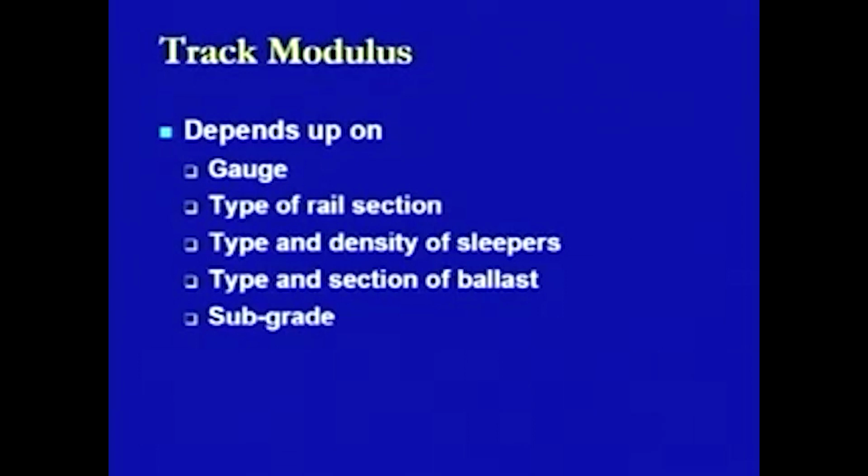The better the material, the higher the track modulus is going to be. Similarly, as we have seen in the Indian Railways specifications, the ballast cover is provided ranging from 200 mm to 300 mm. The more the ballast cover, obviously the more the track modulus is going to be.